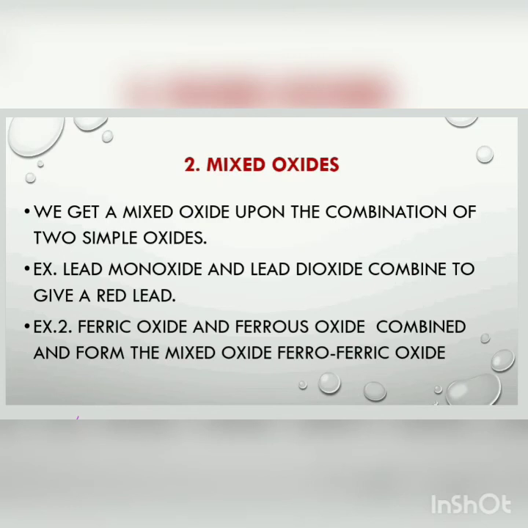The next example is ferroferric oxide. The formula of ferroferric oxide is Fe3O4. So this Fe3O4 is formed by the combination of two simple oxides. They are ferric oxide, whose formula is Fe2O3, and ferrous oxide, whose formula is FeO.